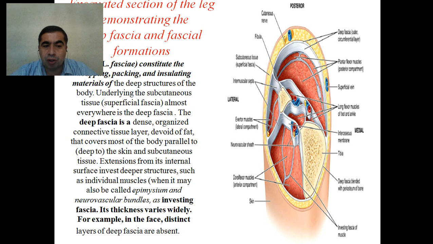Extensions from its internal surface invest deeper structures such as individual muscles, when it may also be called epimysium, and the neurovascular bundles as investing fascia. Its thickness varies widely. For example, in the face, distinct layers of the deep fascia are absent.